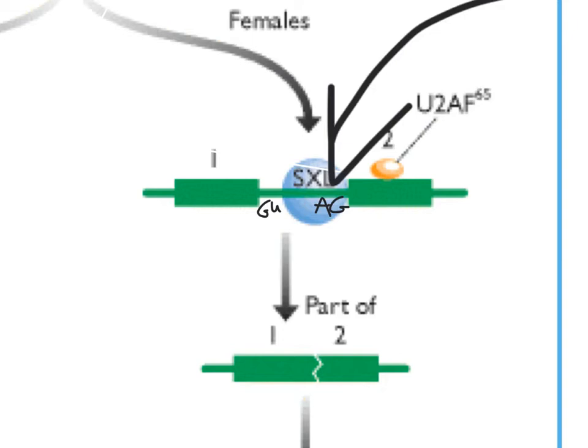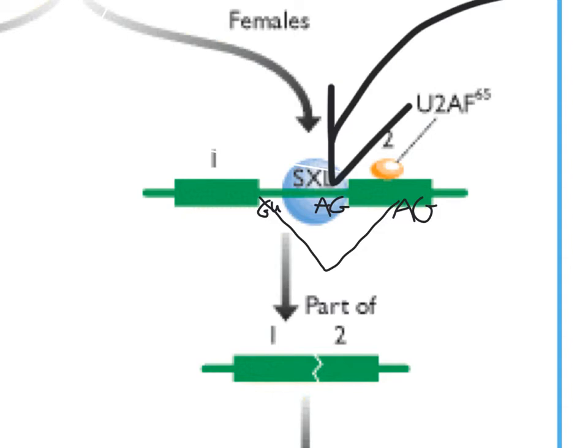So how does splicing work if you're female and you've got the sex-lethal protein? Does this exon get removed? If there's no 3' splice site, the AG can't be accessed to do the splicing. So what happens instead? It uses what's called a cryptic splice site. Cryptic just means it's not normally used.